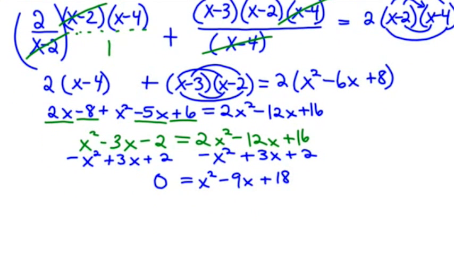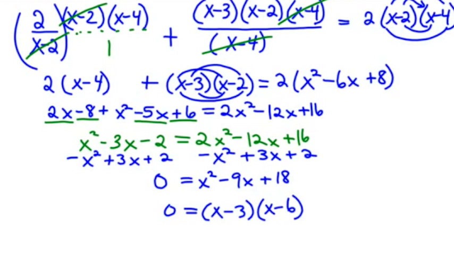So again, I can go ahead and use the quadratic formula to arrive at my answer. Or I might be able to see that x squared minus 9x plus 18 is really x minus 3 times x minus 6.